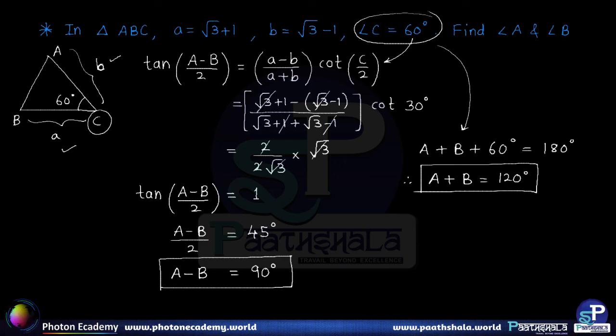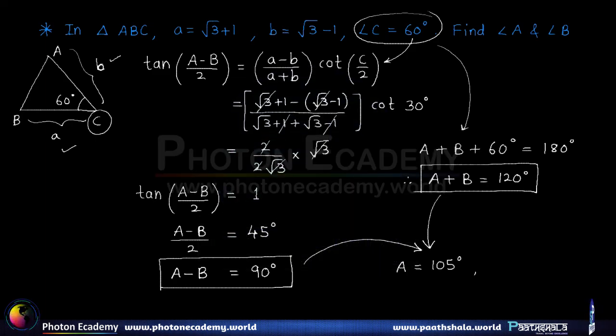So we have two equations in A and B which we solve simultaneously and easily get the value of A as 105 degrees and the value of B as 15 degrees. So that is the answer, and we have found the values of angles A and B using Napier's analogies.